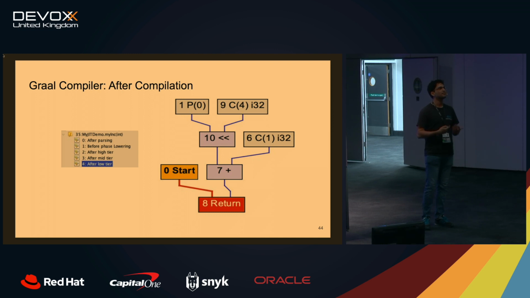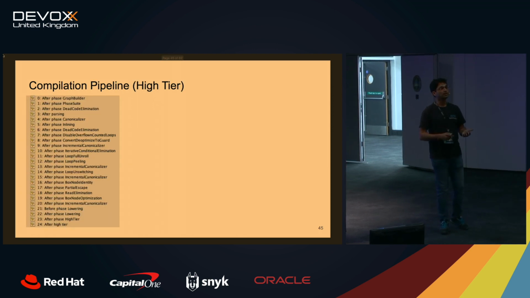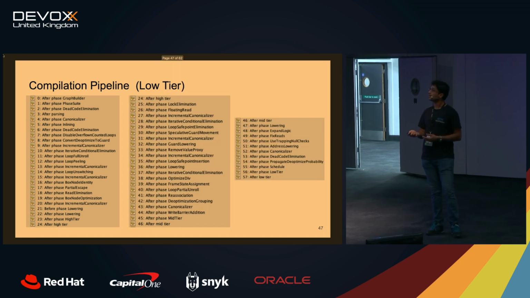So this is the simplification of the multiplication that the compiler has done, and you can see it here. And here you can see after high tier, mid tier, low tier. These are the different groups of optimizations that Graal does. And you can see what all optimizations happen during the high tier, mid tier, and low tier.